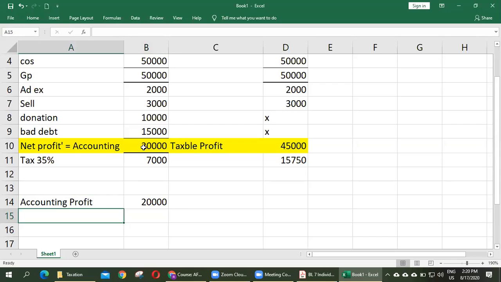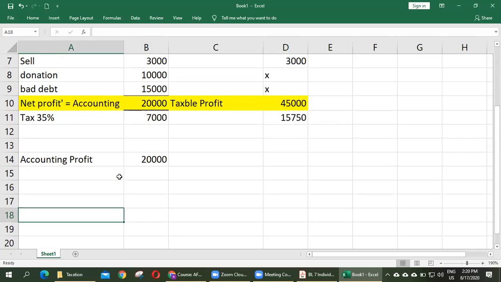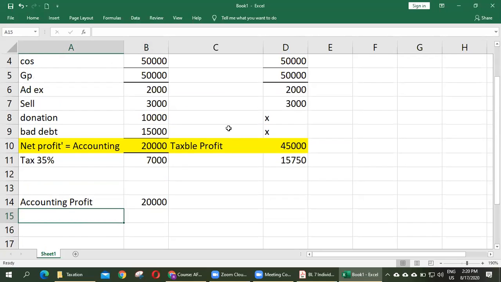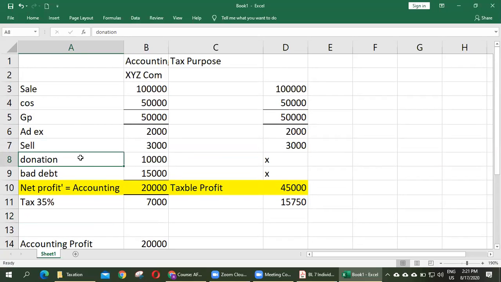We have to adjust this profit to arrive at taxable profit. If there is any disallowable expenditure, we have to add it. In this example, donations and bad debts are not allowable expenditure.